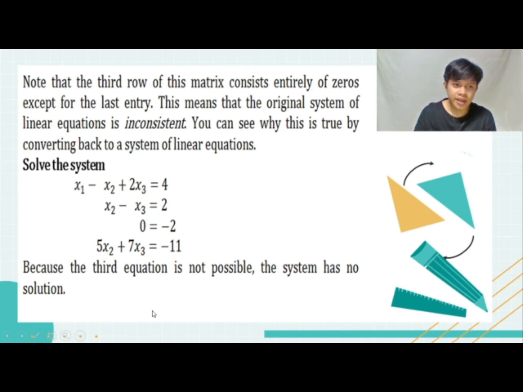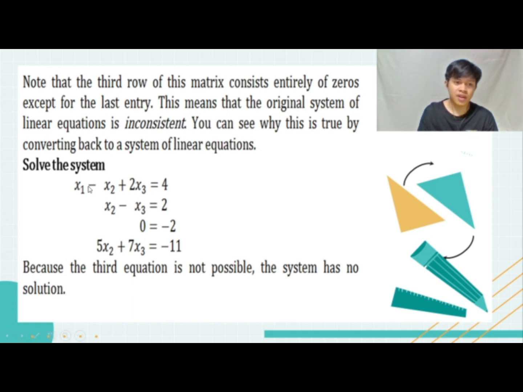And then the next step is: note that the third row of this matrix consists entirely of zeros except for the last entry. This means that the original system of linear equations is inconsistent. You can see why this is true by converting back to a system of linear equations.